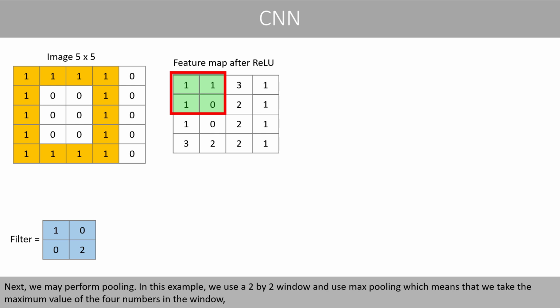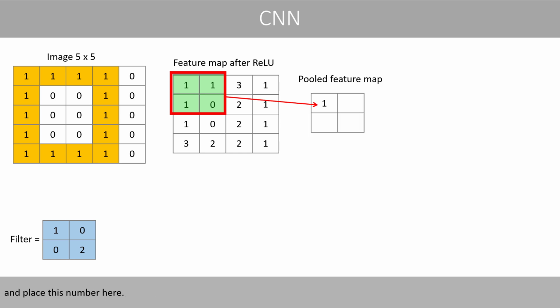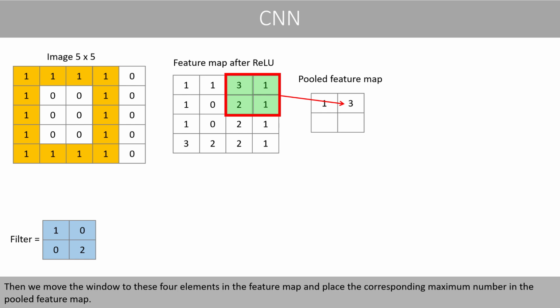Next, we may perform pooling. In this example, we use a 2x2 window and use max pooling, which means that we take the maximum value of the 4 numbers in this window and place this number here. Then we move the window to these 4 elements in the feature map and place the corresponding maximum number in the pooled feature map.